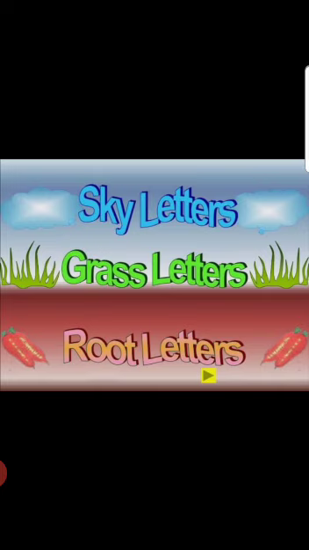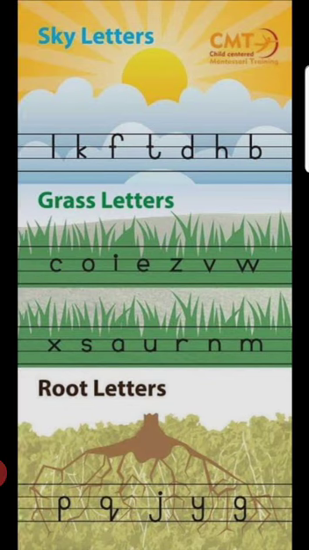The letters which are written between 2 lines are called grass letters, and the letters which touch the root line are called root letters. As you can see in this picture, the letters written in the first line, L, K, F, T, D, H, B, are starting from the skyline and are called sky letters.